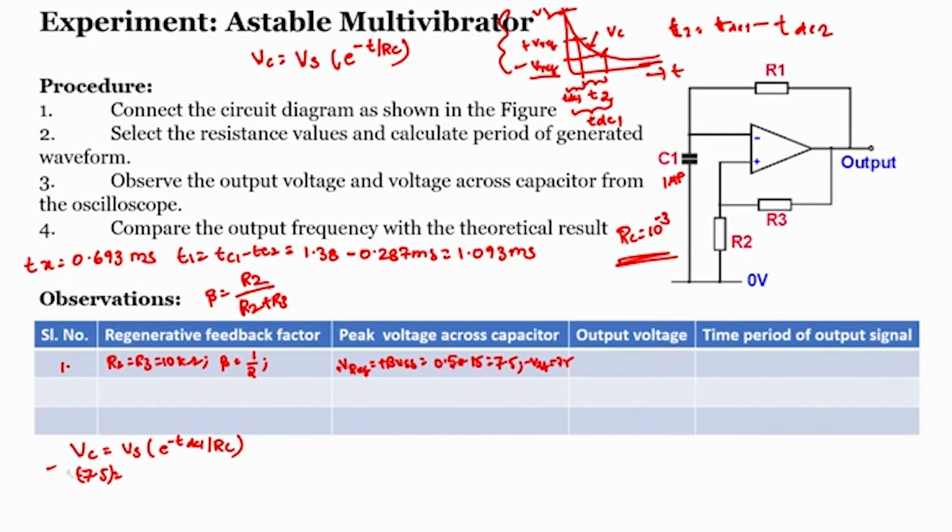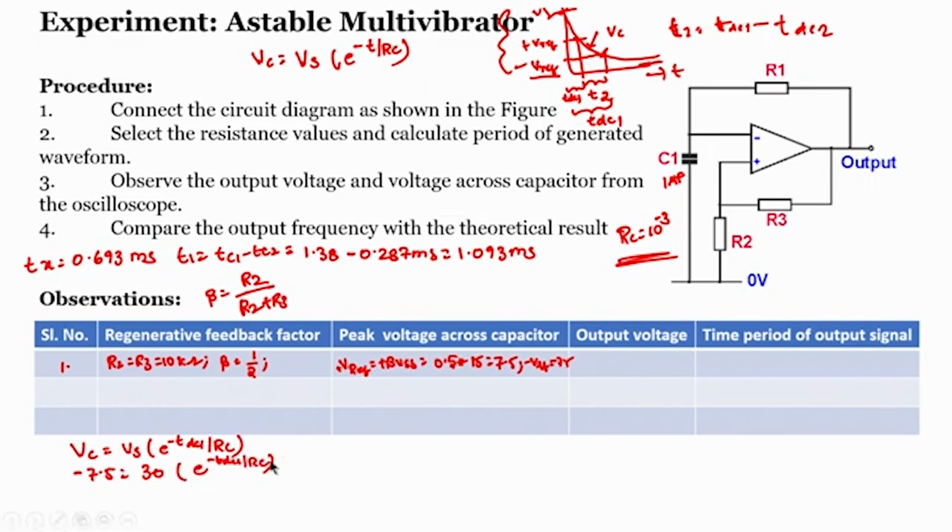So, voltage across the capacitor is minus 7.5, which is 30 into e power minus TDC1 by Rc.